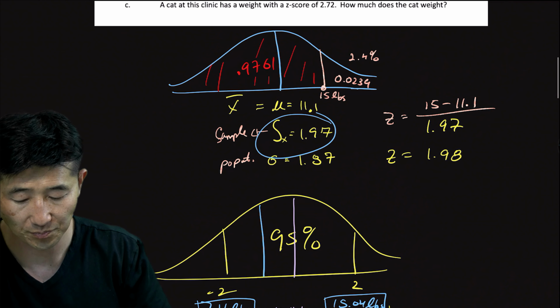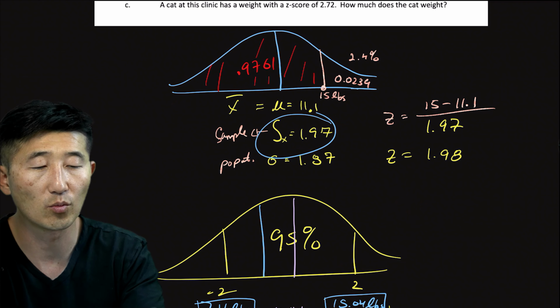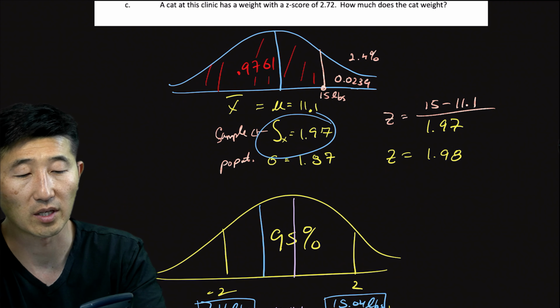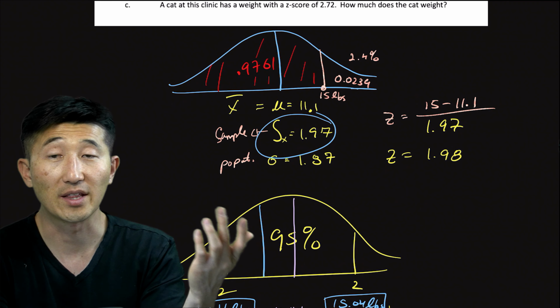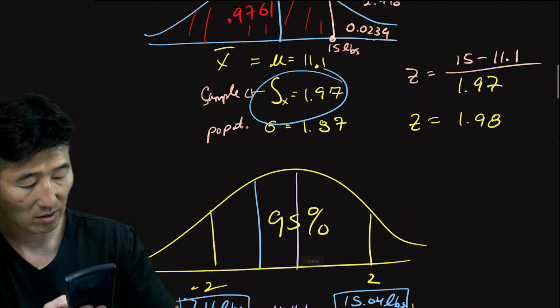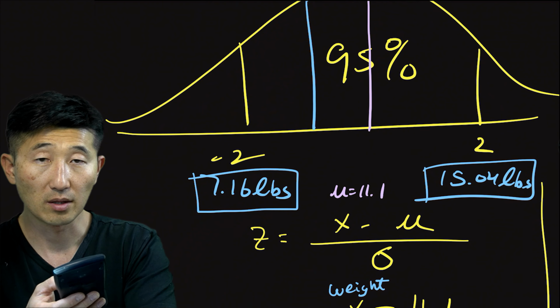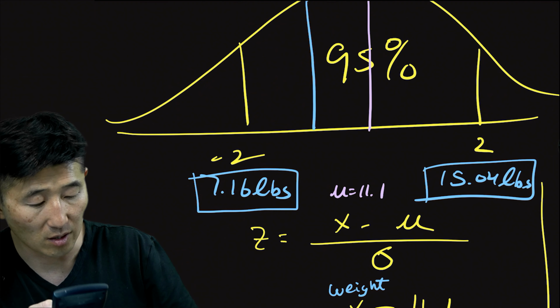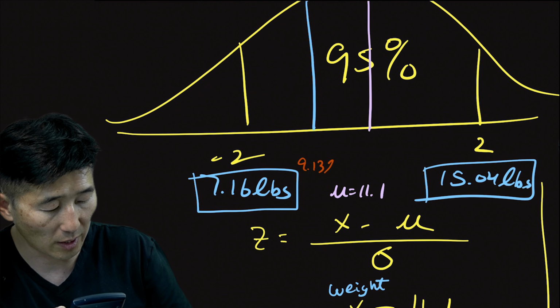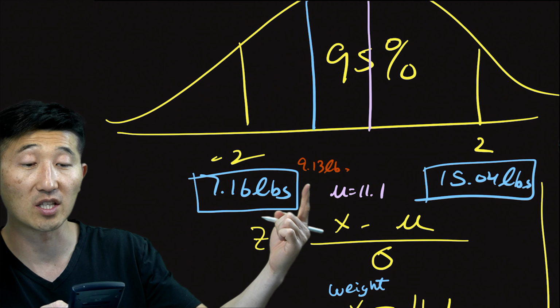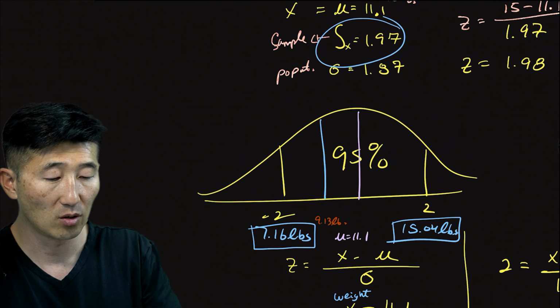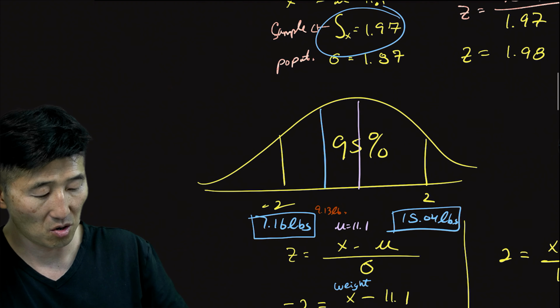So take 11.1 and subtract 1.97 and you get 9.13, correct? That's one standard deviation away, 9.13 pounds.